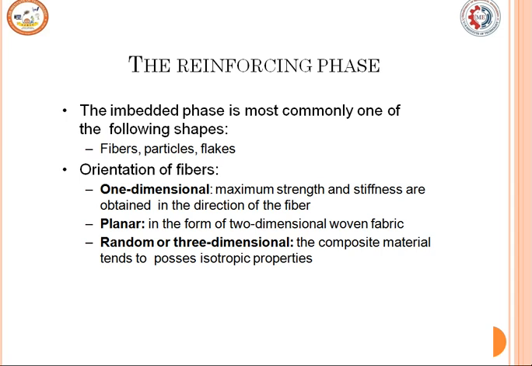Here how you orient the fibers is important, and it is one dimensional. You add the fibers in the direction where you need the maximum strength and stiffness. If it is planar, it is in the form of a two-dimensional woven fabric. If it is random, it will be three-dimensional. This may be used for reducing the porosity or to fill the gaps inside the composite.